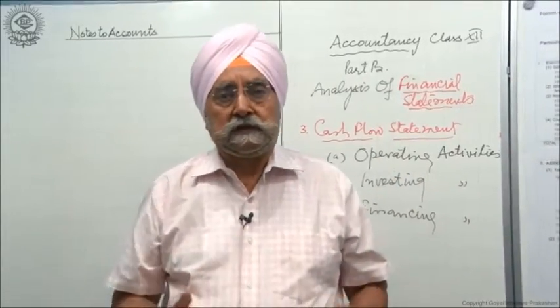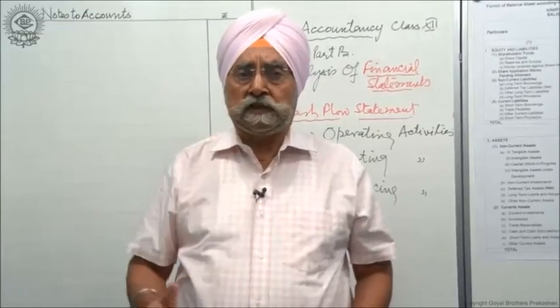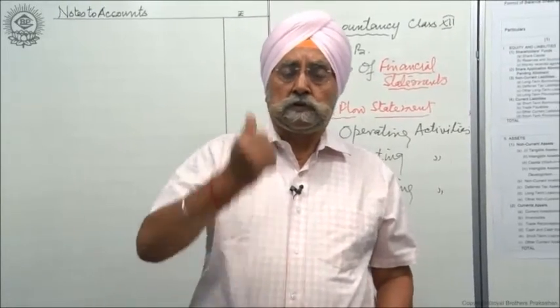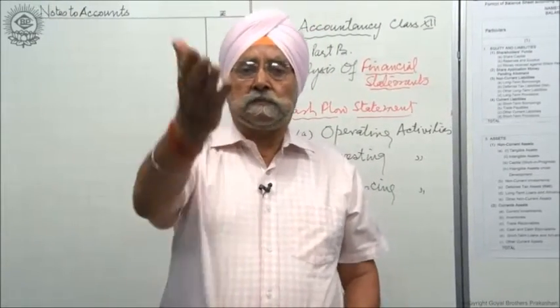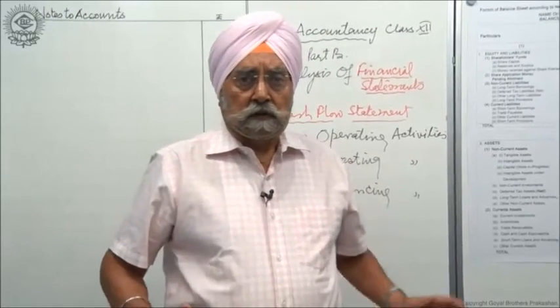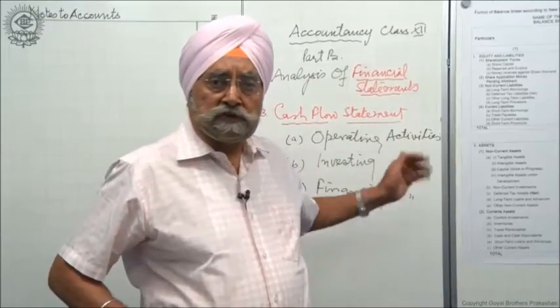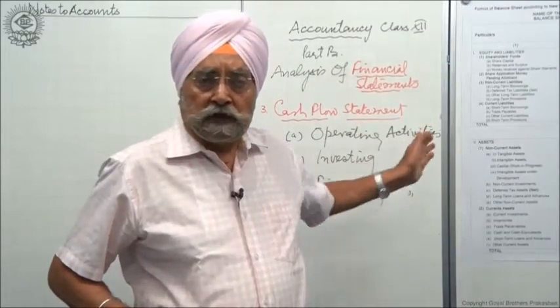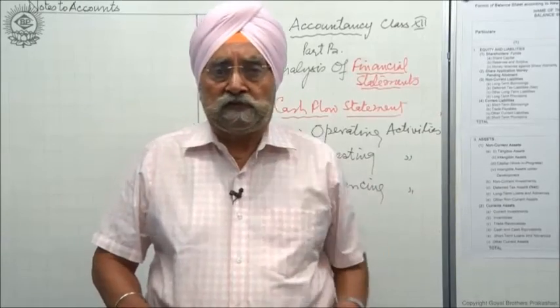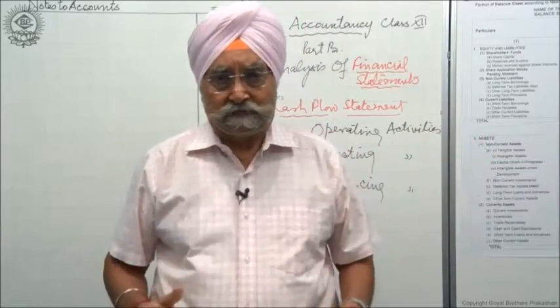This tells that. Similarly, it is also helpful to the shareholders, to the other interested parties. Sometimes what happens, this statement shows, or the financial statement shows, or the balance sheet shows, or statement of profit and loss shows that the company has earned a lot of profit.